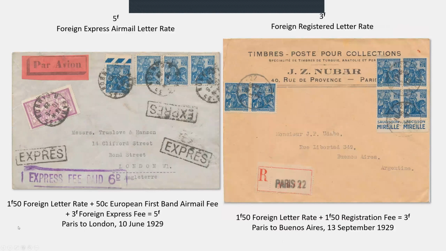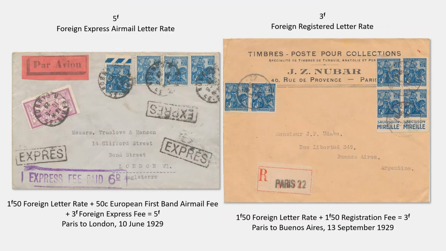Okay, going up now to 4 stamps on the cover. On the left here, we have the Foreign Express airmail rate, and that underneath is explained. You've got your £1.50 foreign letter, your 50 centime European first band airmail fee, and then your £3 Foreign Express fee. I'm still looking for that rate entirely with Joan of Arc stamps on. Might be a long wait.